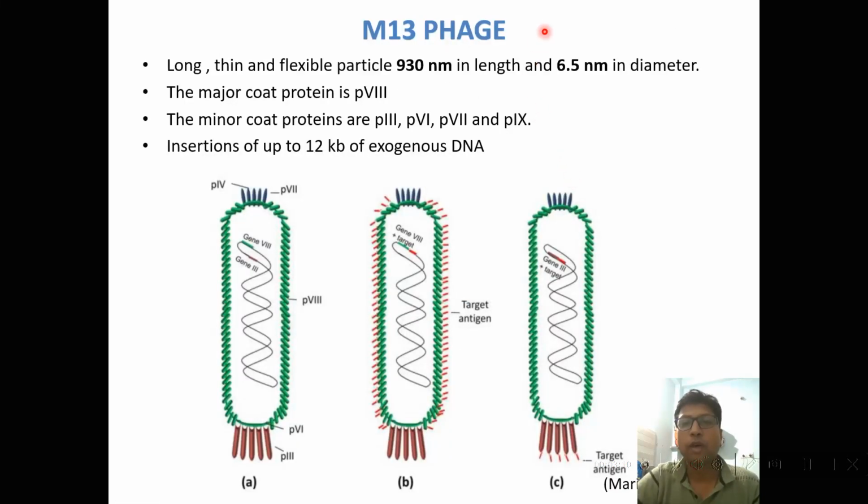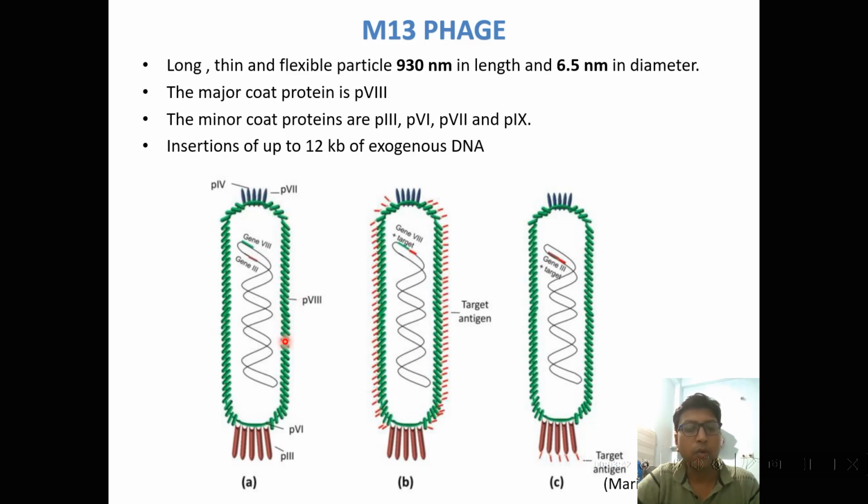Now we come to the structure of M13 phages. These are filamentous phages which are cylindrical in nature, and the particle size is about 390 nanometers in length and 6.5 nanometers in diameter. As I told, this is composed of a capsid protein, and inside is the nucleic acid. The capsid protein is divided into major coat proteins and minor coat proteins.